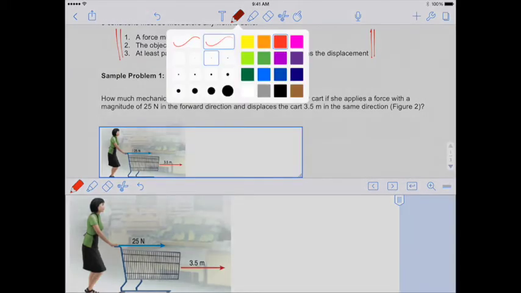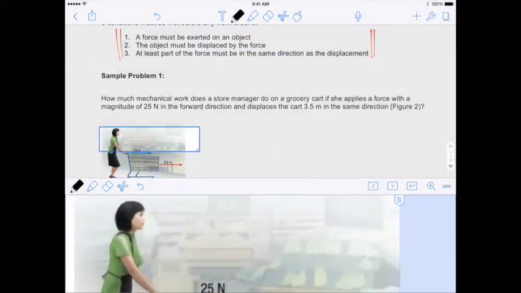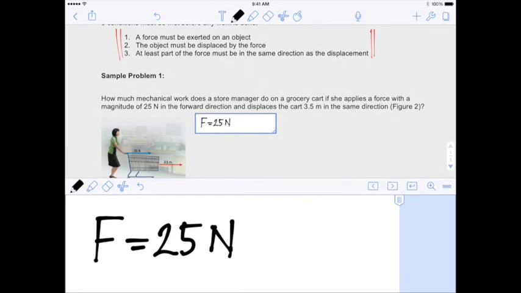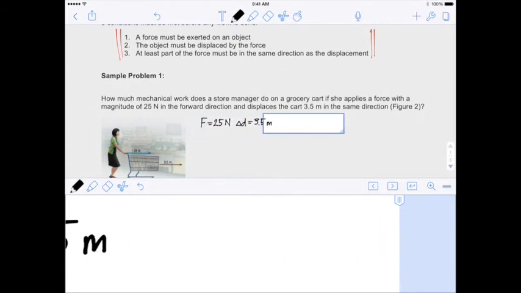So in this question, we're given force, and we're only concerned with the magnitude of the force, 25 newtons. We're given a displacement of 3.5 meters forward, but for the calculation, we're only concerned with the magnitude, and that's 3.5 meters.